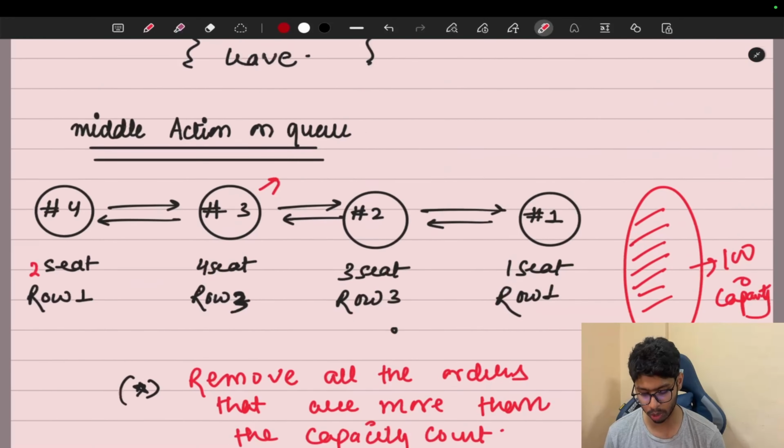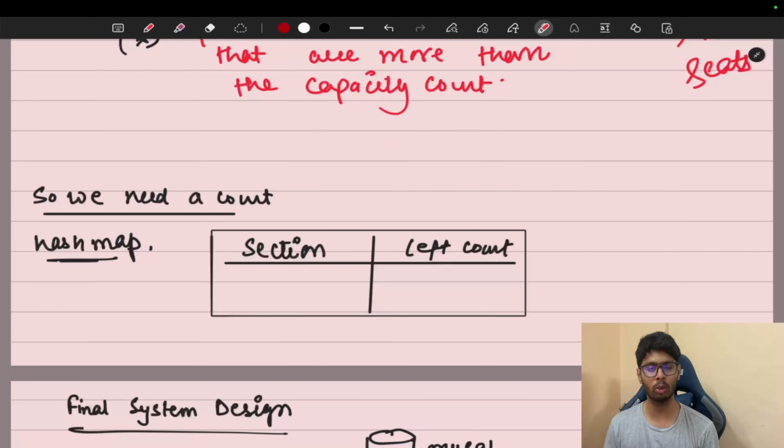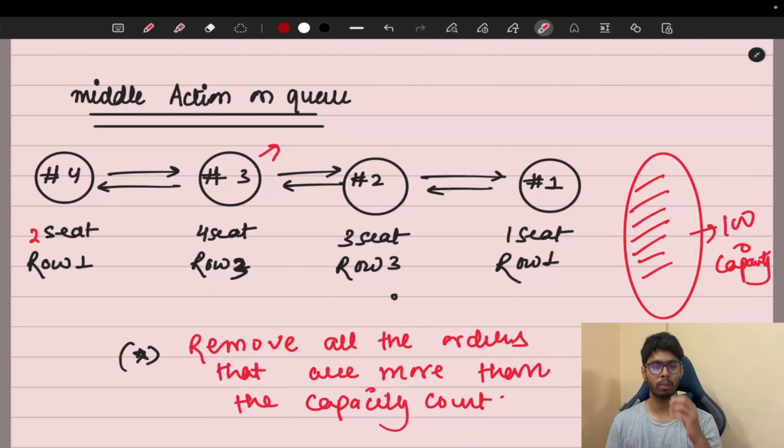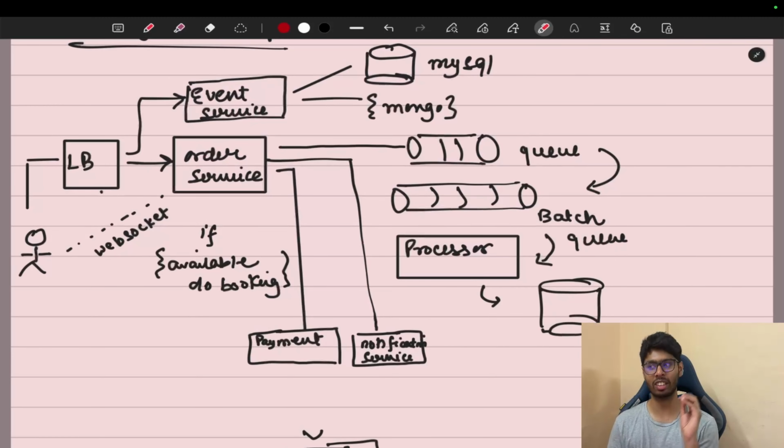As I mentioned here, we have to store the data in a doubly linked list. If someone wants to leave, the processor will be able to remove them. If the capacity is going to fill, this processor can take actions on them. After that, whenever they reach the front of the queue, they get a lock, and then the same action is performed on them.